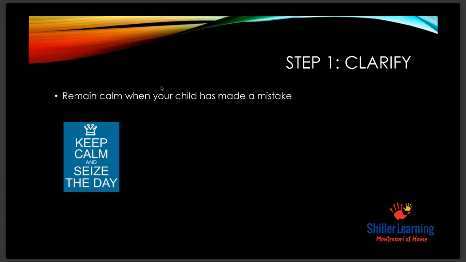First, you want to remain calm when your child has made a mistake. We're going to make the most of the opportunity of the mistake that your child has just made. So stay calm. Sometimes this can be hard to do when we're used to correcting our kids' mistakes.